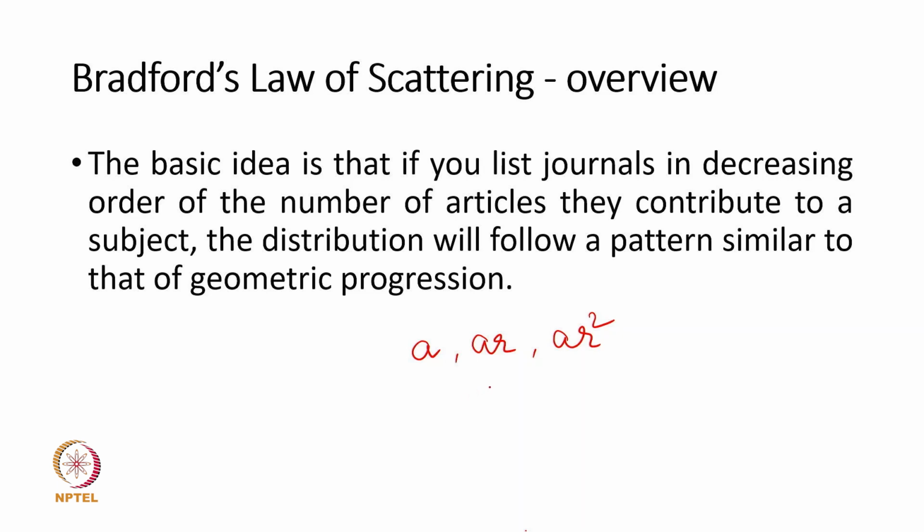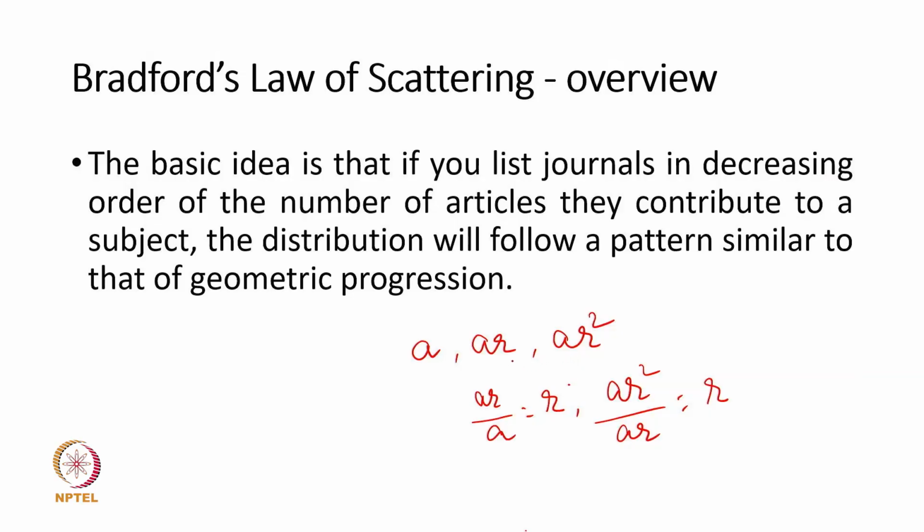Then AR divided by A is equal to R, AR square divided by AR is equal to R. That means the ratio of the succeeding term and the preceding term is always constant.